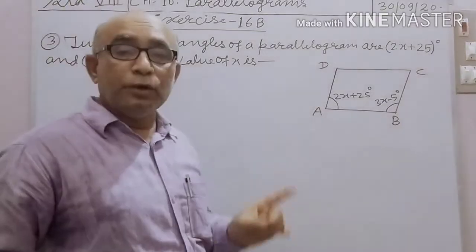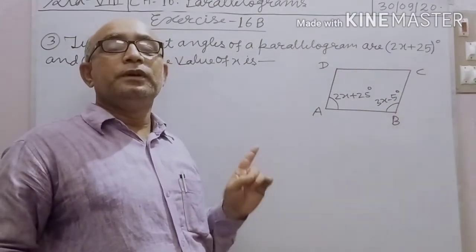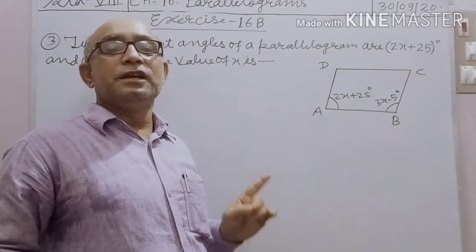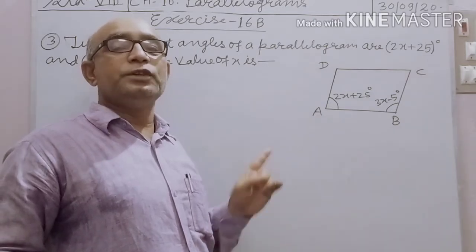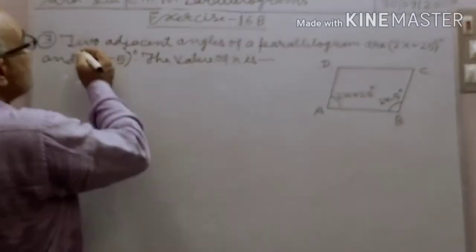Students, we know that the sum of two adjacent angles of a parallelogram is 180 degree.